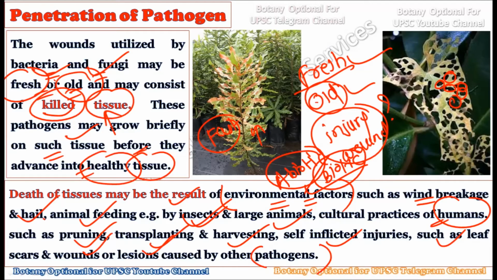So basically, we are saying the wounds can be created within the plants by abiotic factors and by biotic factors. There are many ways where the plant will get injured, and once the plant is injured, it can be exploited by many types of fungi, bacteria, viruses or viroids.